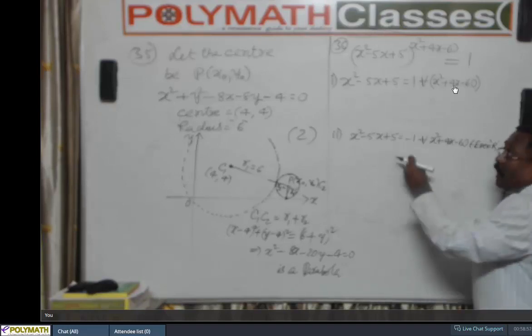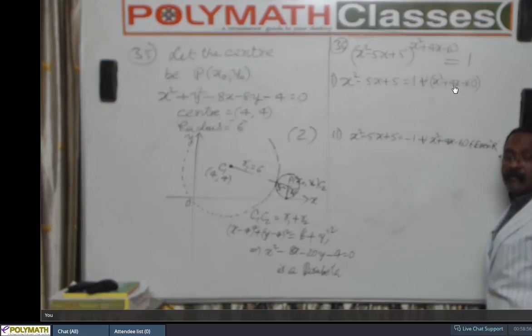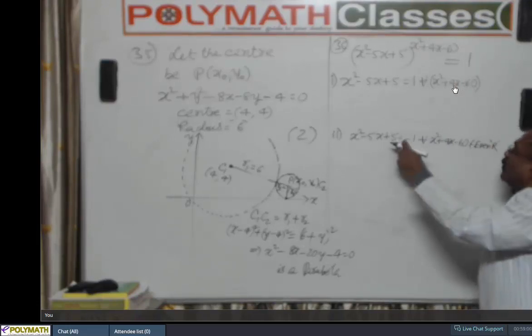Why? Minus 1 whole power odd becomes minus 1. Minus 1 whole power even becomes plus 1. So you have to take only even values in this case.